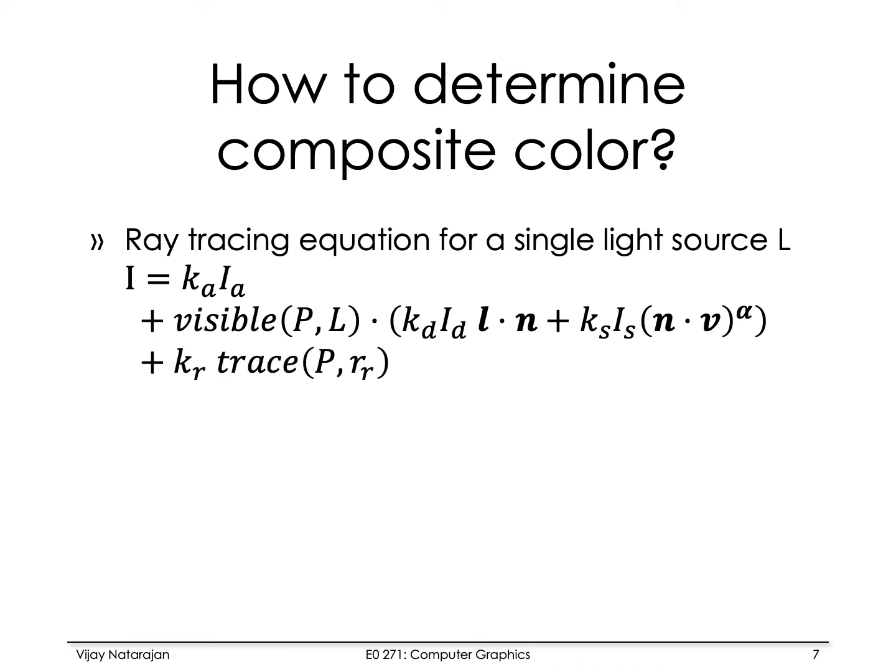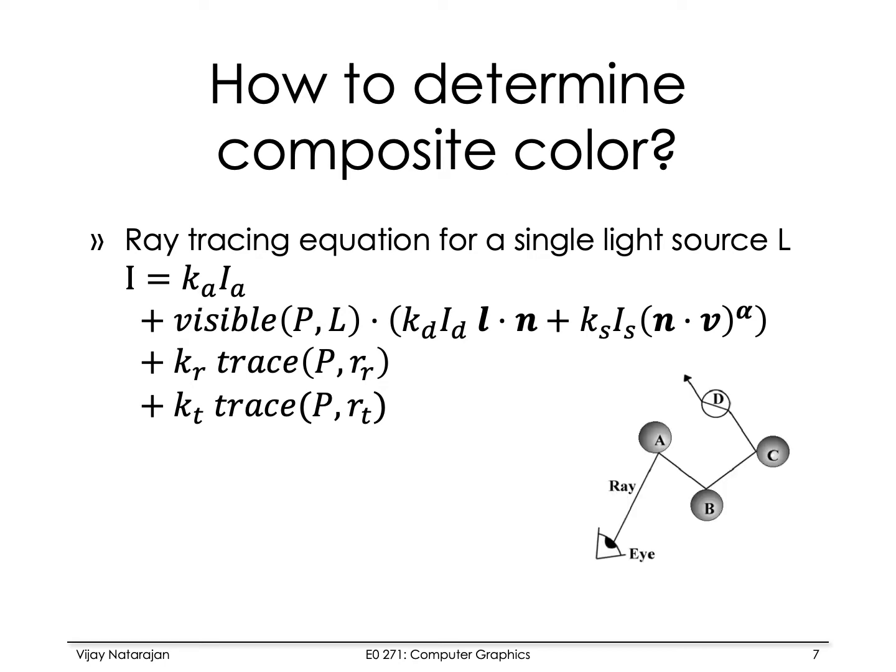Of course, in addition, we have a recursive call. So Kr is the coefficient corresponding to the reflection, and we call trace recursively, remember. There is another recursive call to trace for the reflective or the transmitted component. So with this equation applied at every intersection point recursively, we will eventually be able to compute the intensity at the pixel.